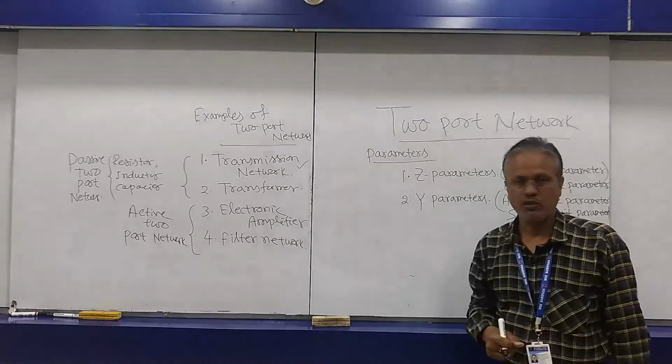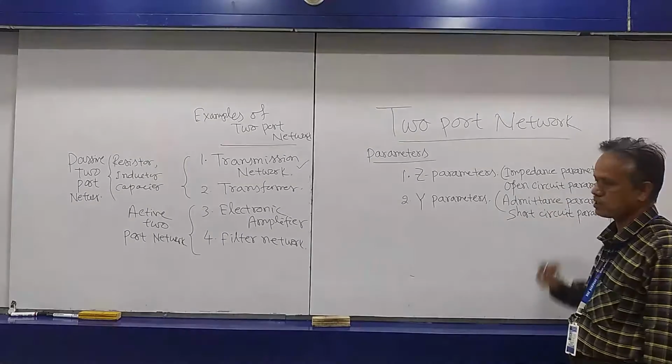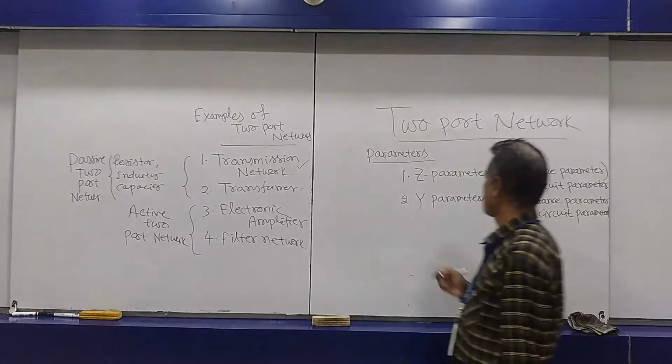Okay. So we are getting Z parameters, or impedance or open circuit, and Y parameters, admittance or short circuit parameters.